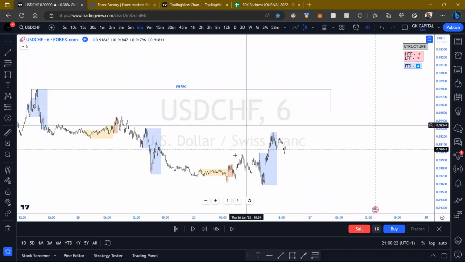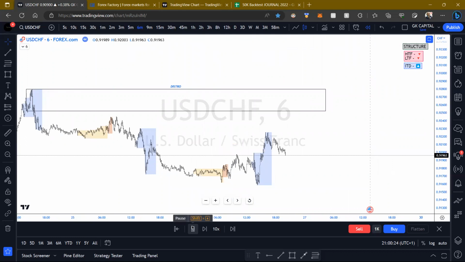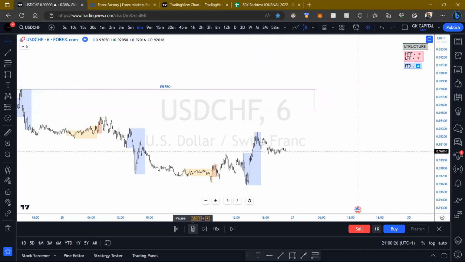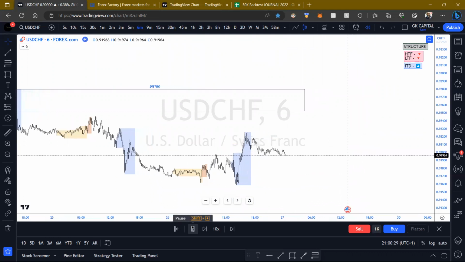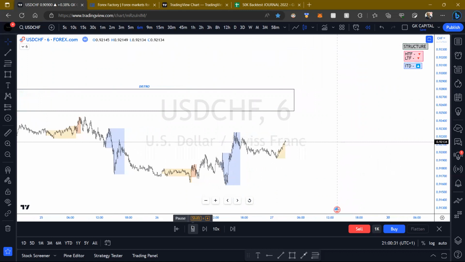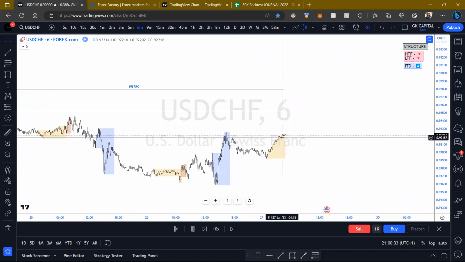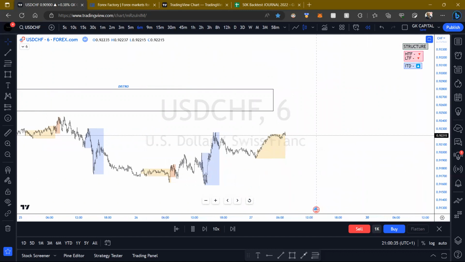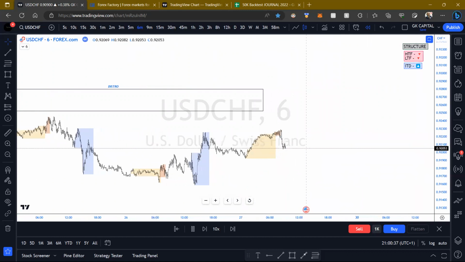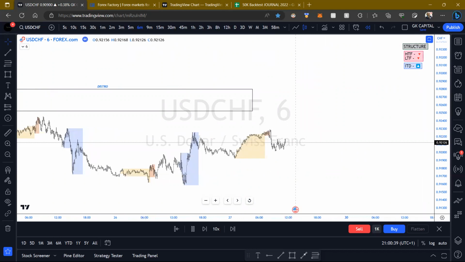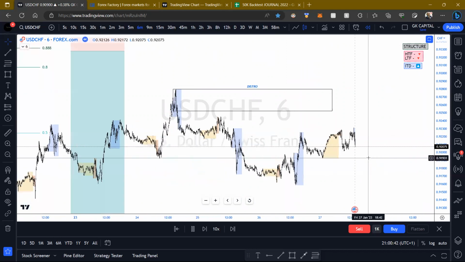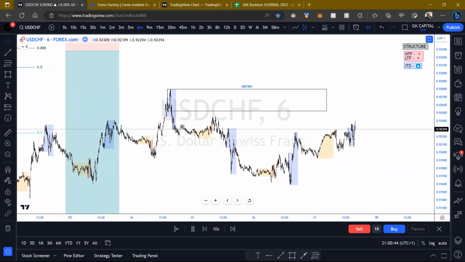I like the imbalance that's in there. So 27th of January, coming up ever so slowly.